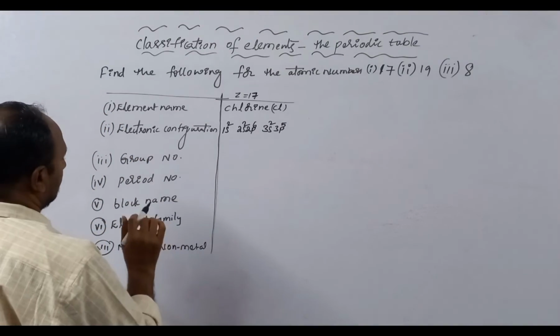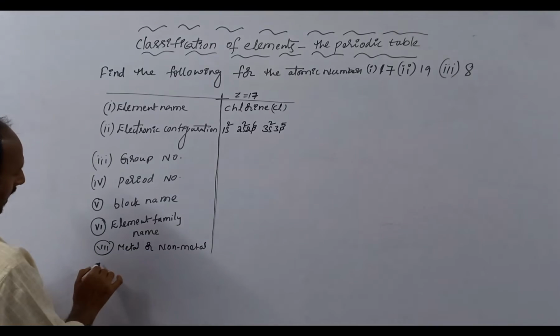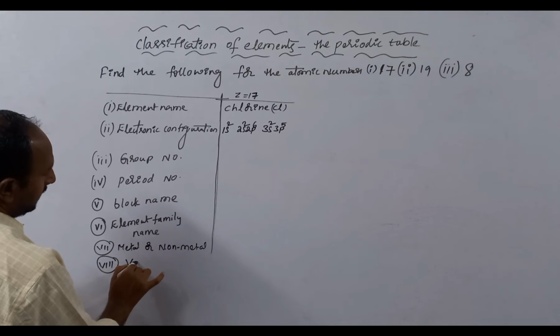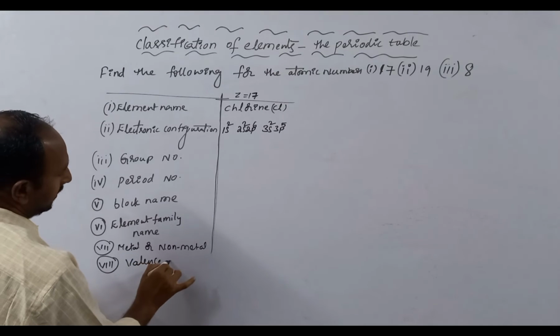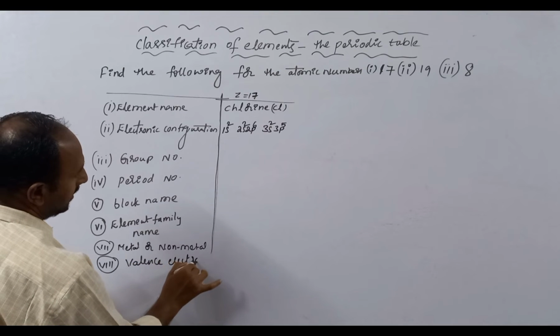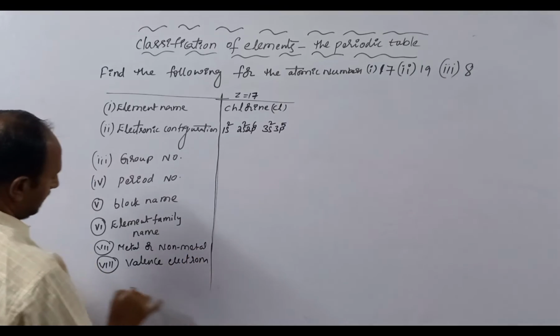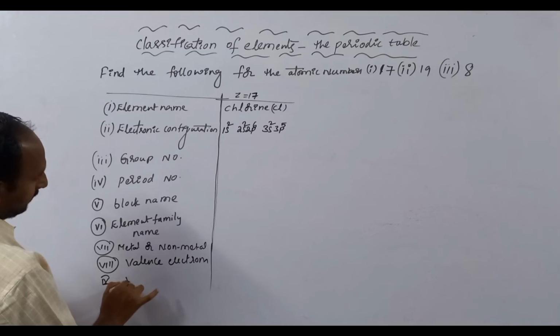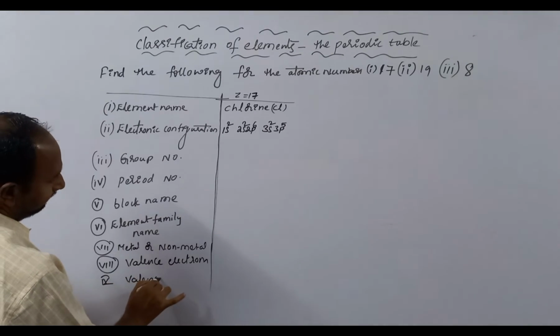Then another property, the number of valence electrons, and the ninth one, valency.